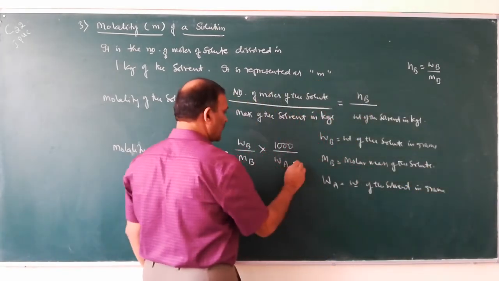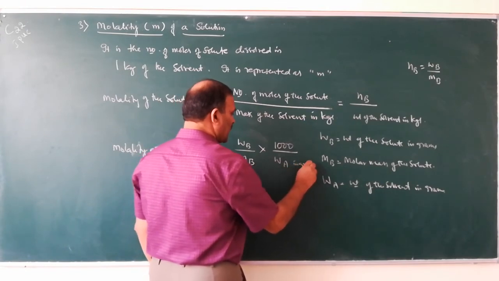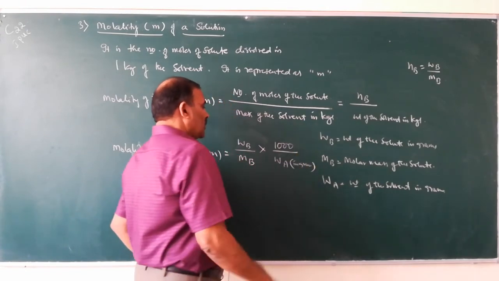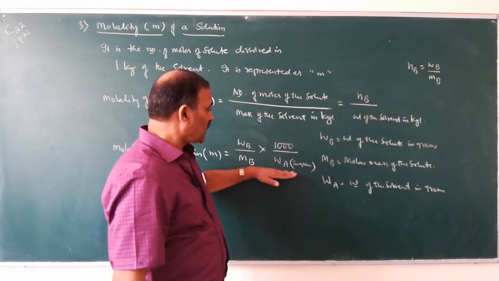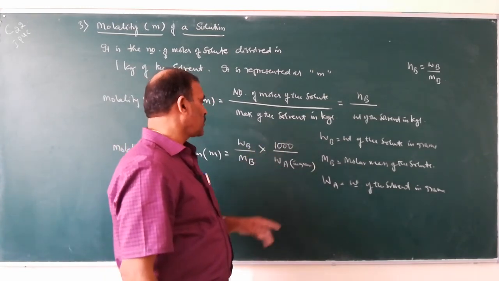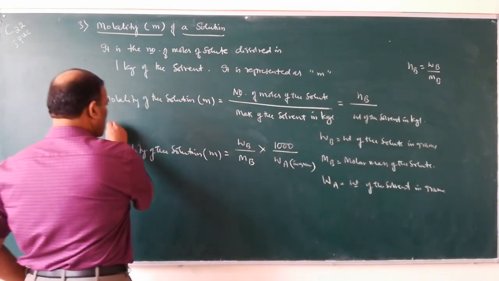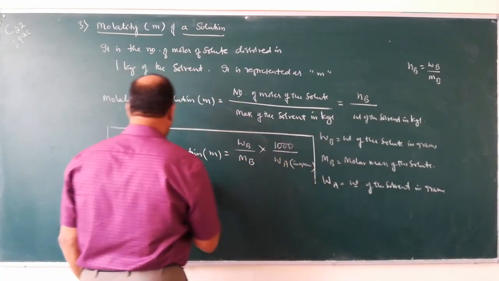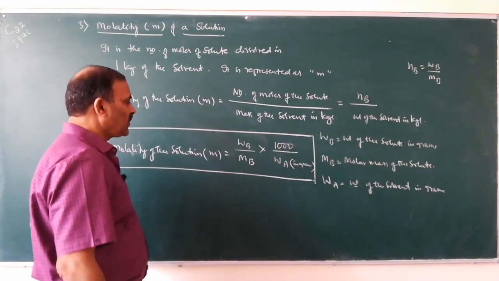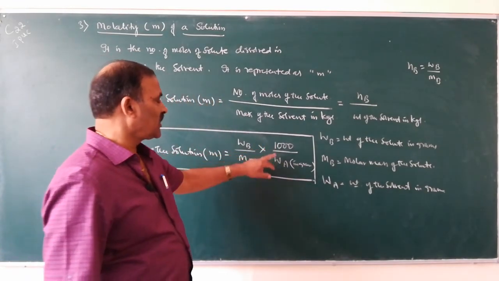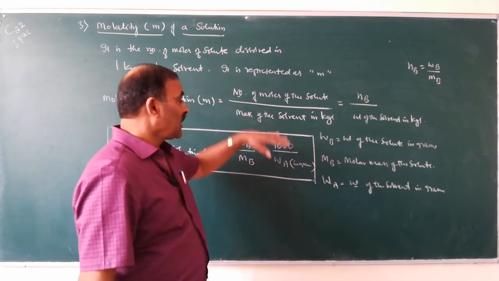To convert grams into kgs, we divide by 1000. Therefore, 1000 goes to the numerator. So this is the formula for molality: molality equals WB divided by MB into 1000 divided by WA.